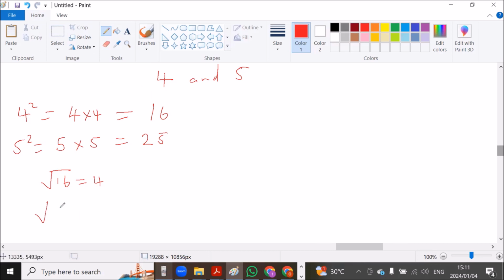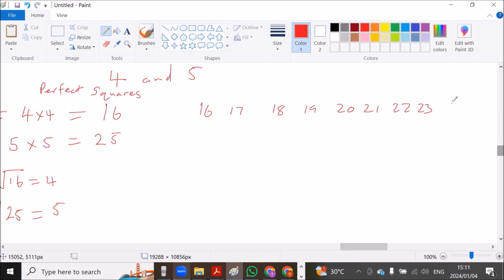So any square root between 16 and 25 is irrational. Between 16 and 25, we have 17, 18, 19, 20, 21, 22, 23, and 24. So √17 is irrational. √18 is irrational.